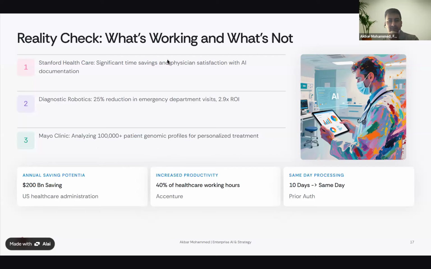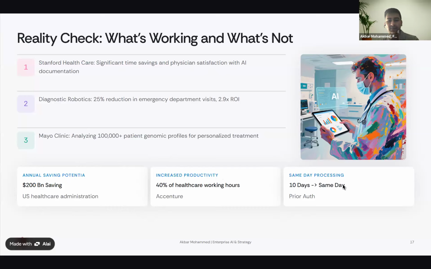Now, with just these three and the few that AI is impacting, we are already seeing $1 billion savings in the US. And if we apply this across the world, you can even have $1 trillion savings, right? The other thing is we are also seeing increased productivity because of just this time saving from documentation alone, right?